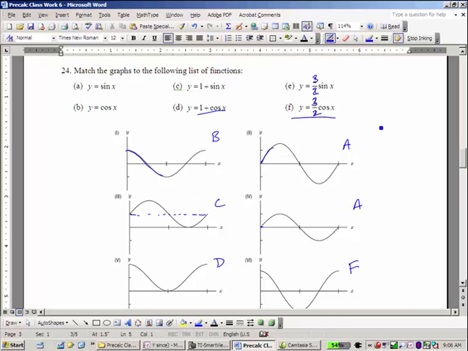What's the difference between 4 and 2? They look exactly the same to me. 2 is more stretched out vertically. Like compared to the other ones, 3. And what should 2 match with then? Say it loud and proud. E. Okay. Do you see the difference between A and E?